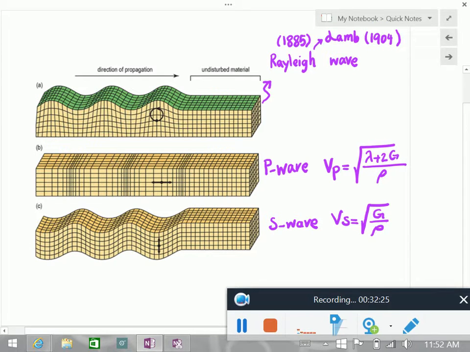Without going into any theory, today is just about application, so I try to stay away from too many equations. We need to know a few things about surface waves. First of all, they occur at the surface. Look at the particle motion. What do you see?